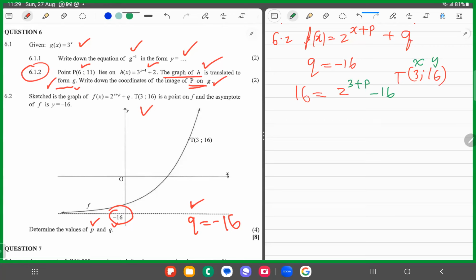So, all right, let's see. 16 plus 16 becomes 32, and we have 2 to the power 3 plus p. 32 is 2 to the power 5, which is 2 to the power 3 plus 2.